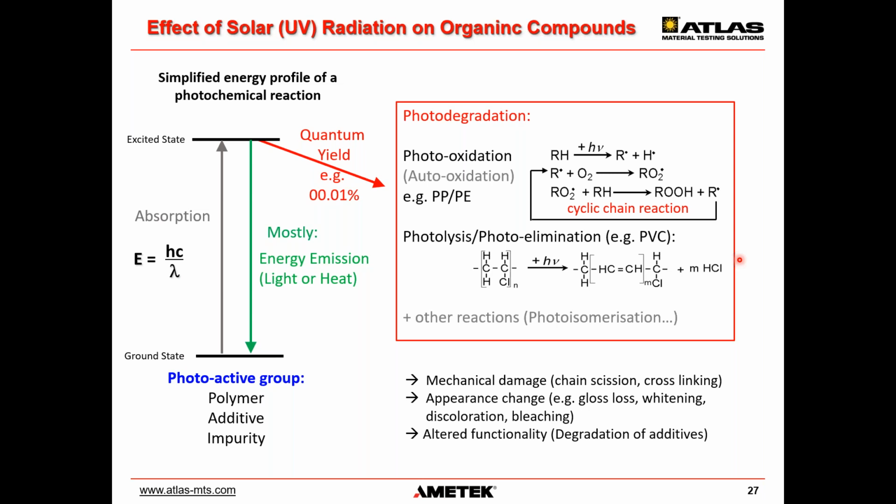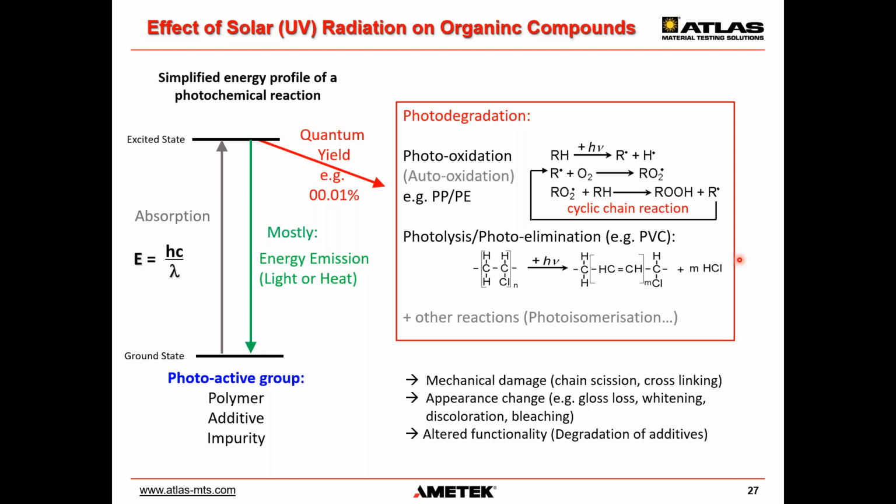However, sometimes, and that's relatively seldom, but sometimes it can happen, this energy is causing a reaction, for example, with oxygen or other components, and then the photodegradation is starting. Photodegradation processes can be photooxidation, other processes typically involved with radical reactions.